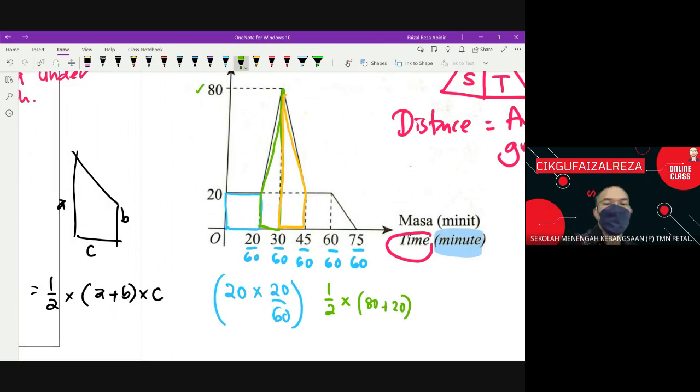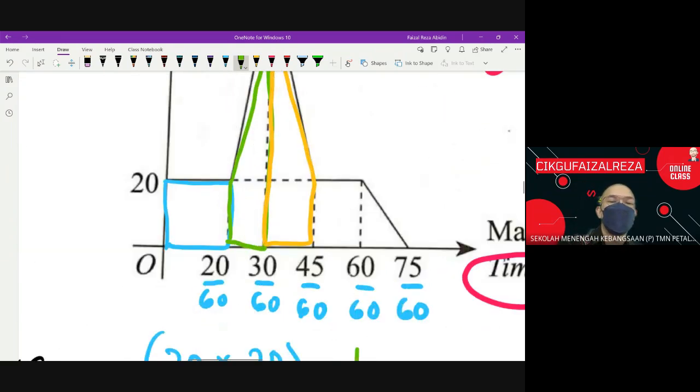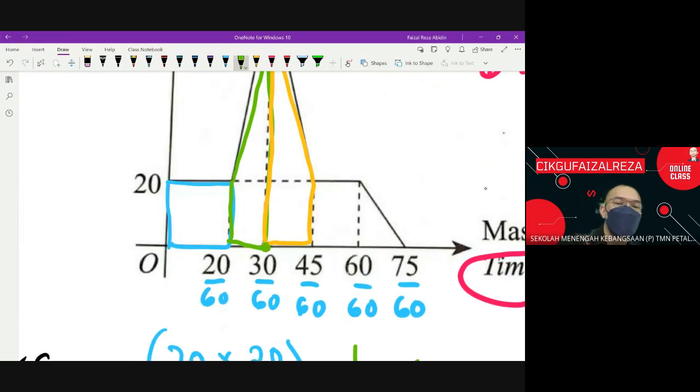Are you sure 30? Are you sure 20? 10. Because you are going to find from 30 to 20 only, not until 0.